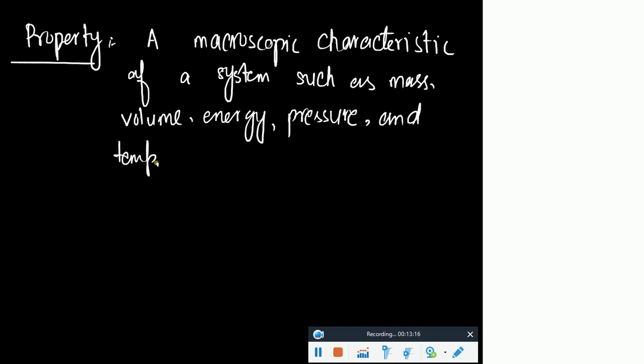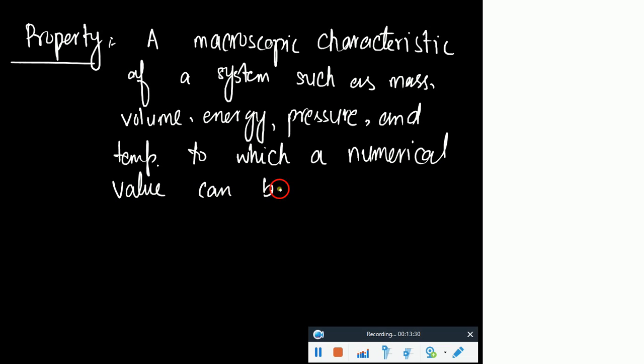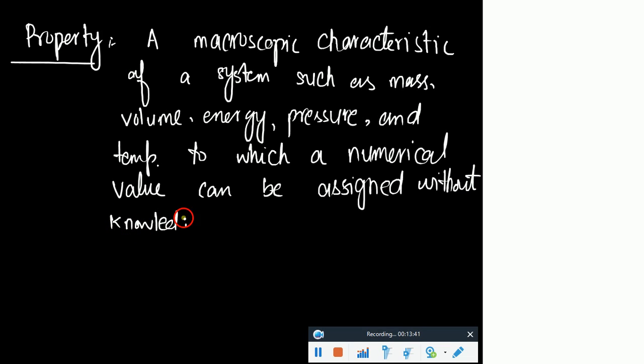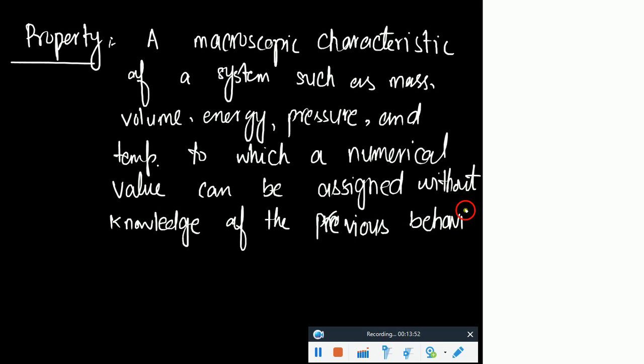There may be other things as well. I am just writing a few examples, to which a numerical value can be assigned without knowledge of the previous behavior, or you can say history of the system.